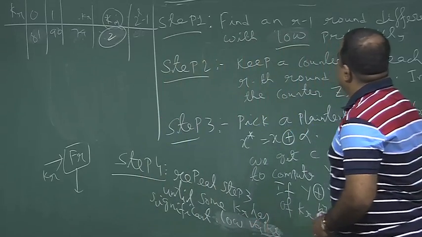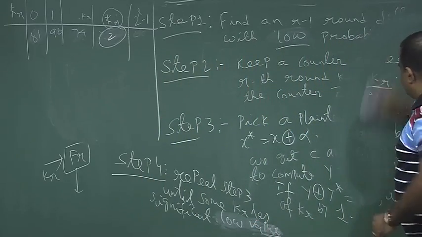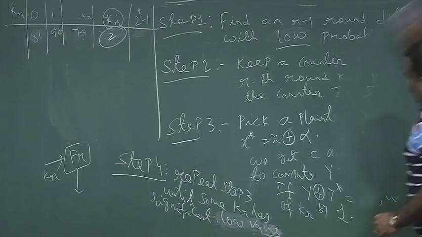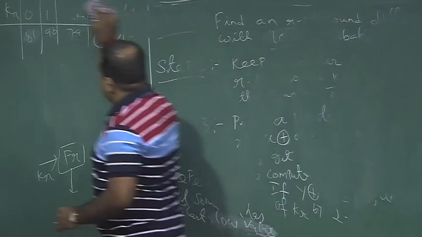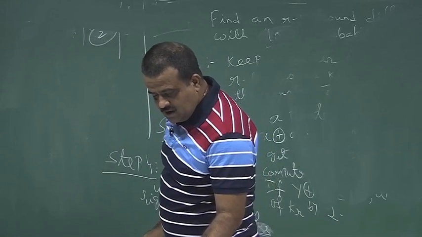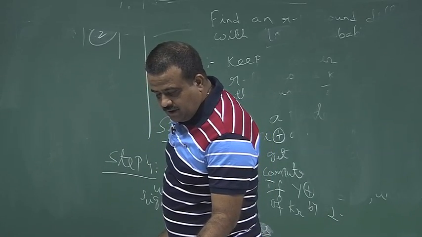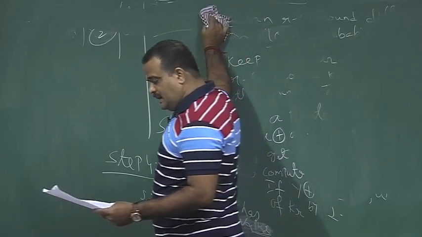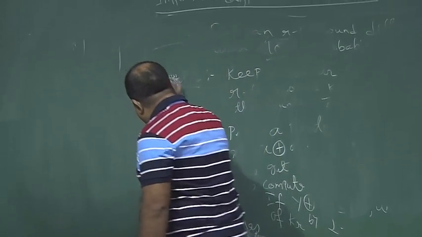Differential cryptanalysis was introduced on DES to break DES by Biham and Shamir in 1993, and they broke DES.